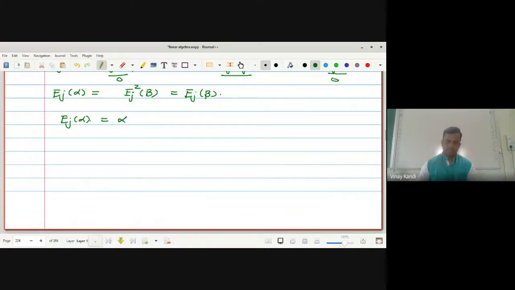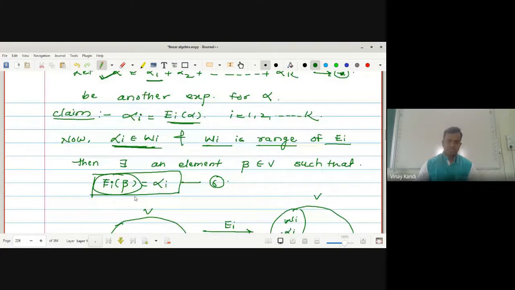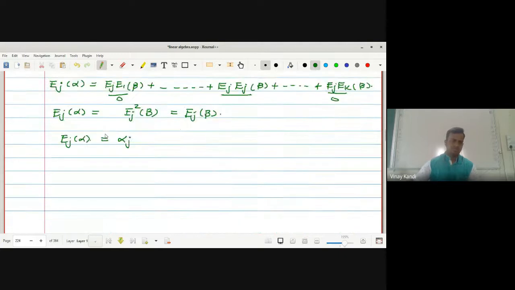This is alpha j. Is it correct? Yes, sir. From equation 6, E j of alpha I, if E I of beta is my alpha, then what will E j of beta be? It will be alpha j. The index is the lower one. Okay. From 6, this is E j of beta is equal to beta. So that is E j of alpha is equal to alpha j.